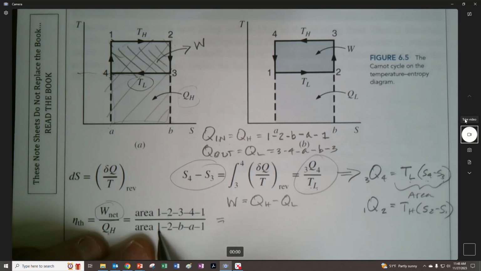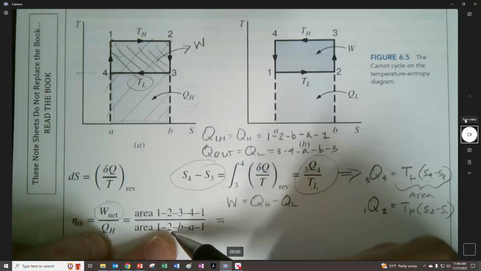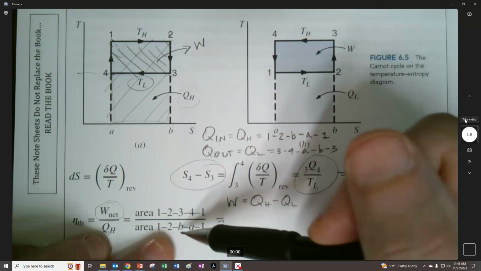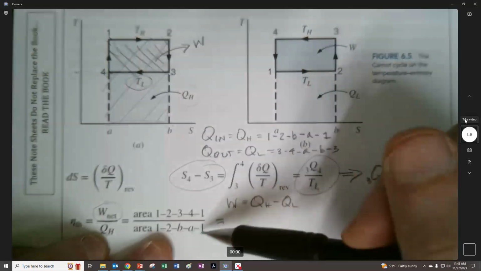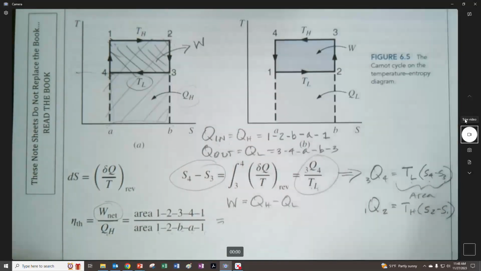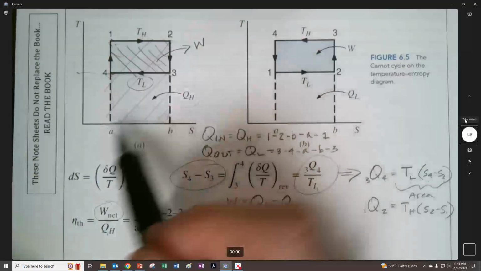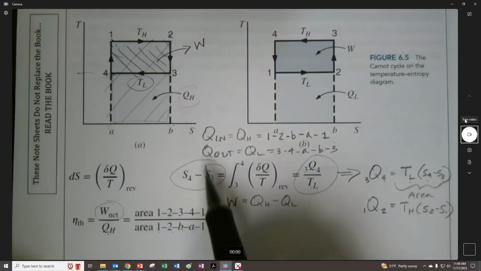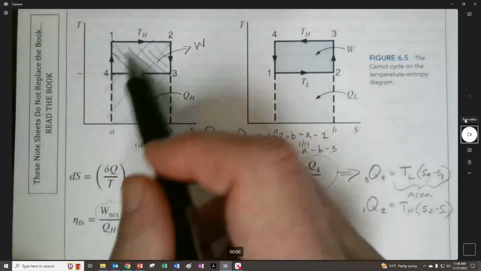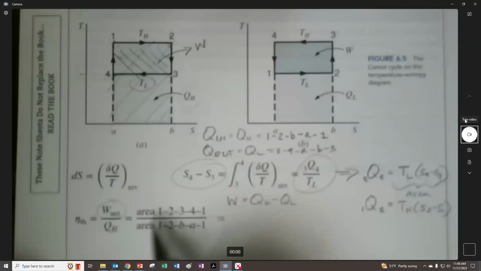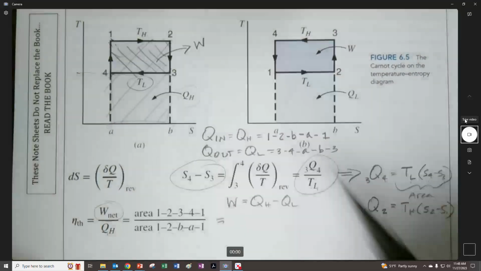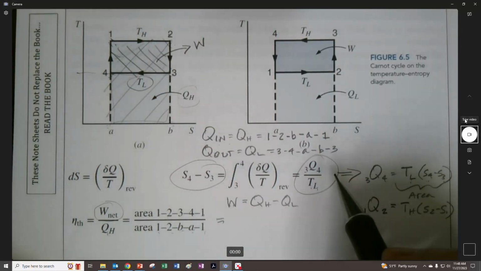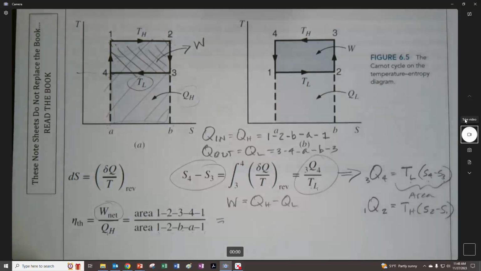So that's 1 to 2, 2 to B, B to A, and A to 1. Right here. So that big rectangle, the biggest rectangle, this small rectangle, this part that's useful to us, divided by the big rectangle, which is all the heat that we put into it. And of course, we're going to reject the rest of the heat.